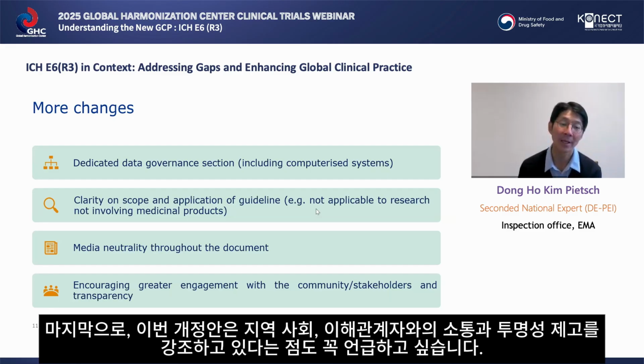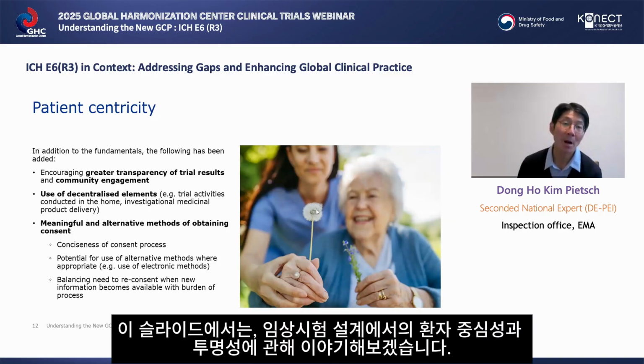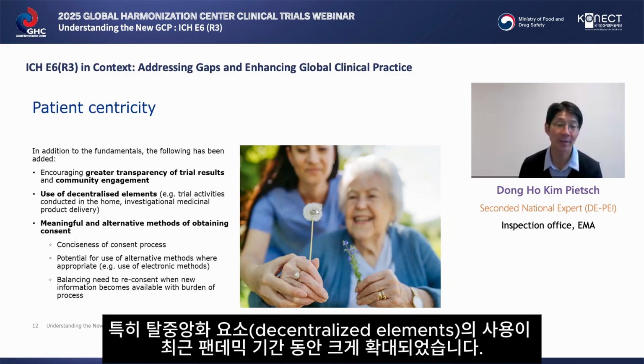And it's also in the guideline to encourage greater engagement with the community and stakeholders, and on transparency. Here on patient centricity and transparency, it's about the trial designs, but also the use of decentralized elements, which really got a boost during the last pandemic.